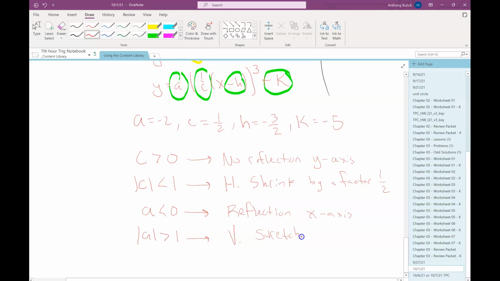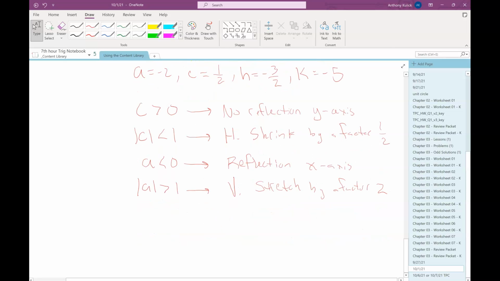Stretch by a factor of 2 in this case. And again, hopefully it's easy to remember stretch versus shrink. Stretch is getting bigger, so it's the greater than. Shrink is getting smaller, so that would go with the less thans. Is that okay? Again, the A is attached to the Y coordinate. So if you flip it over the x-axis, the y-coordinate's changing. Or if you stretch it up and down, the y-coordinate would change.